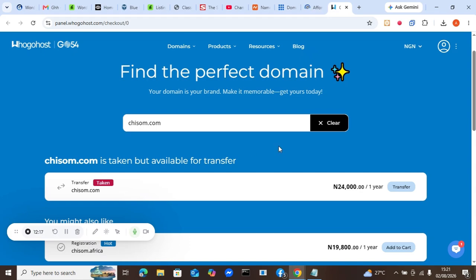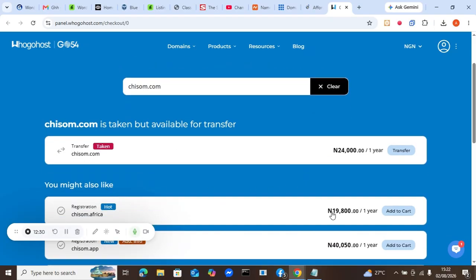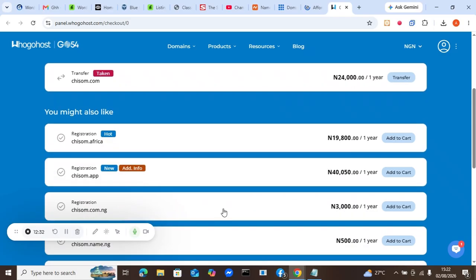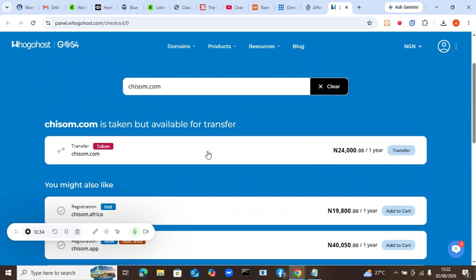Like this person that bought this Chisholm.com now, normally this is supposed to be sold for maybe like 9,000 naira, 10,000 naira, but this person has added a lot of money. He's willing to sell it, so you have to pay extra money for the person to transfer it for you. Many people do that, especially to big brands and big companies, so that they can earn money. We call it domain name flipping.